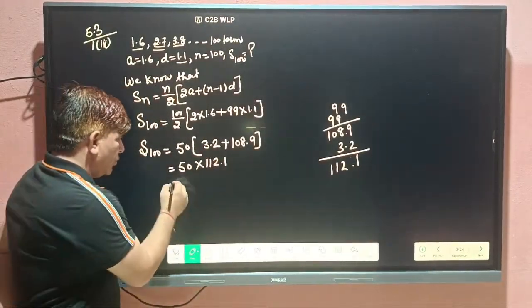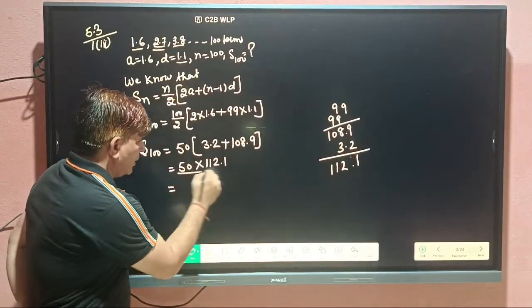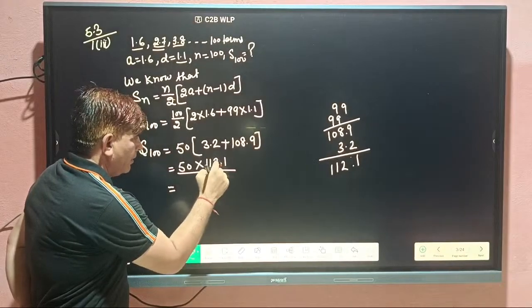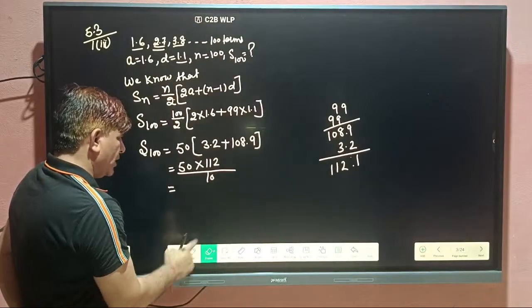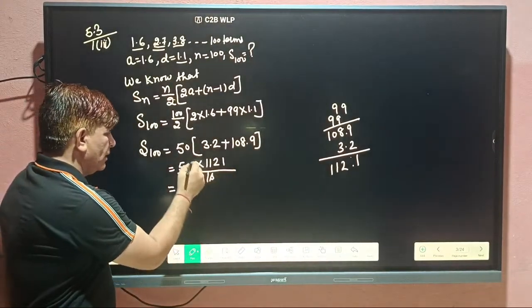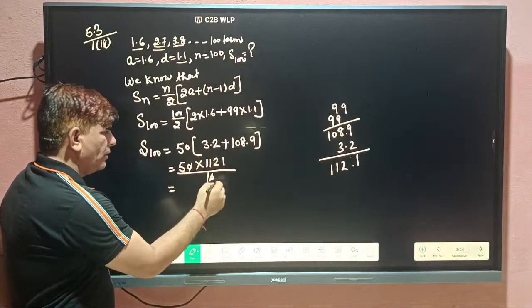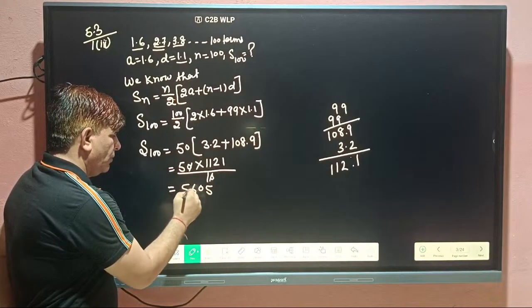Understood? You can solve this in many ways. One way is this, we can put 10 here. To remove this decimal, we can put 10. We have written this, cancel this. 5 ones are 5, 1 fives are 5, 5 twos are 10.